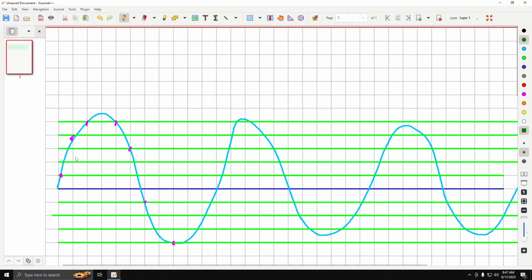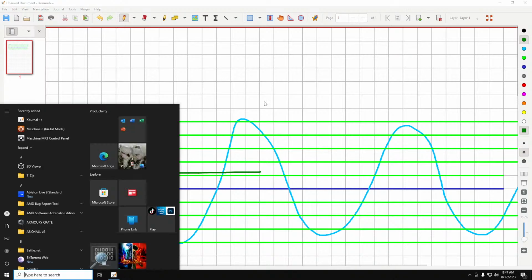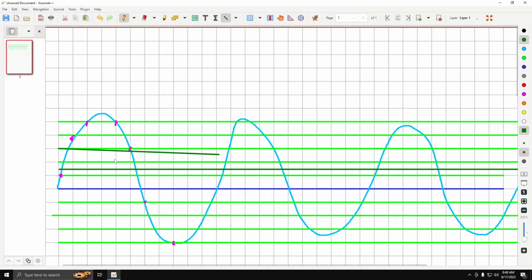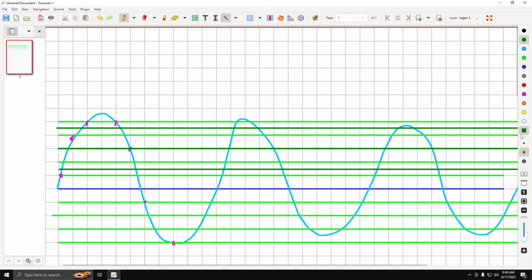So it might be, instead of like this, instead like that. Now it's going to quantize to that.